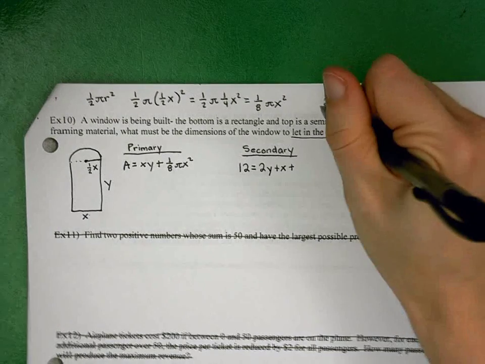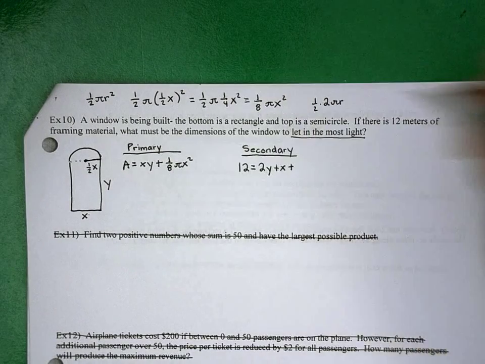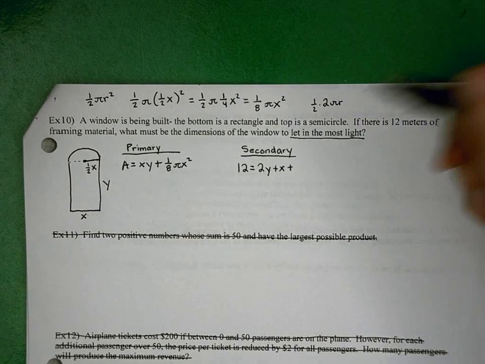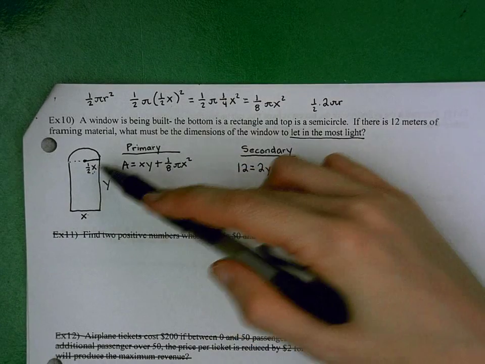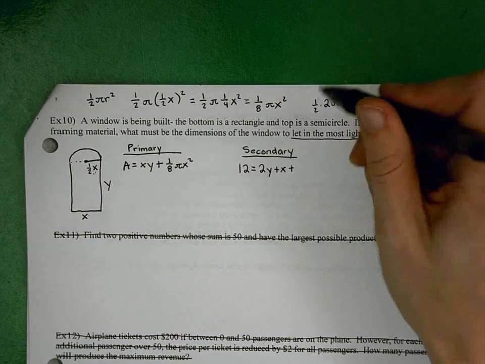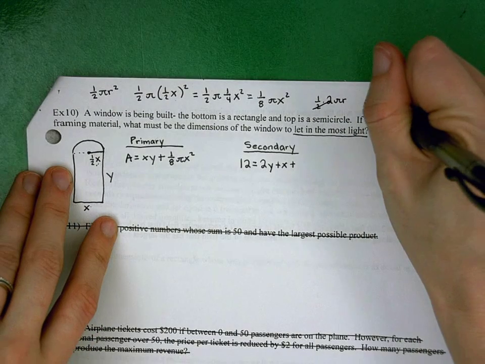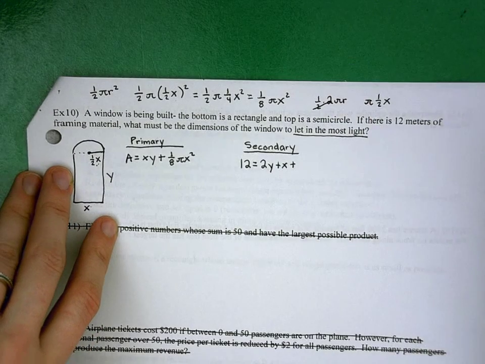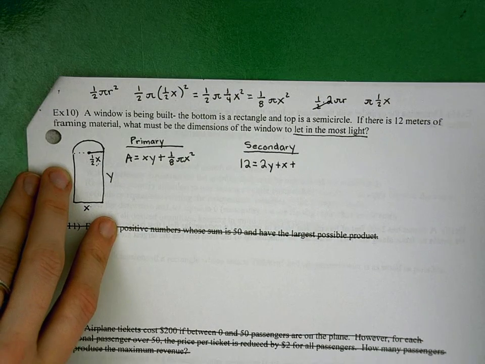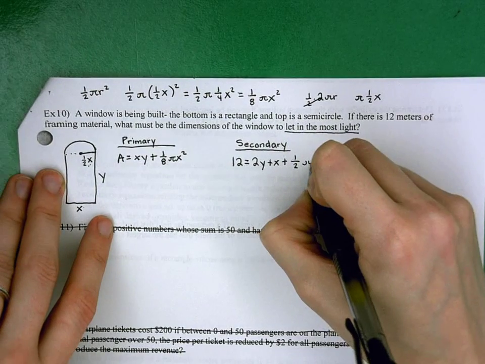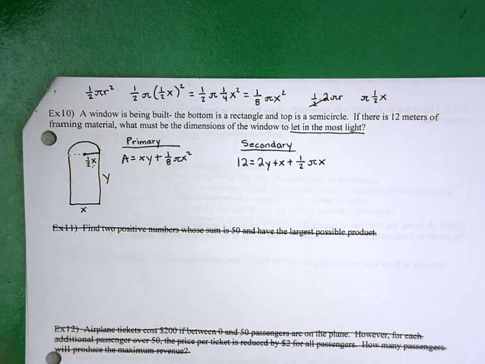This is a semicircle, so I'm going to do 1/2 of that. But I don't have an r, I have 1/2 x, so I'm going to take this 1/2 x and put it into r there. Okay, so we have pi and 1/2 x. And there is my secondary equation.